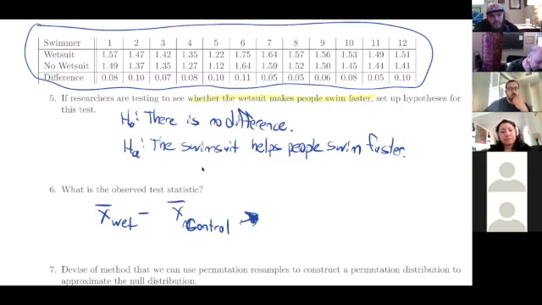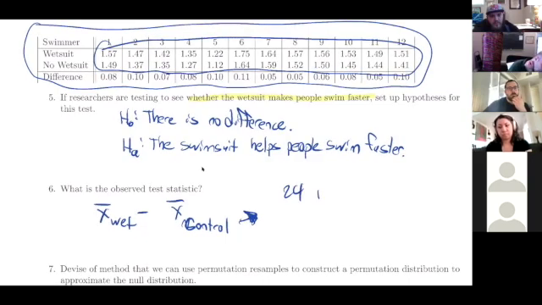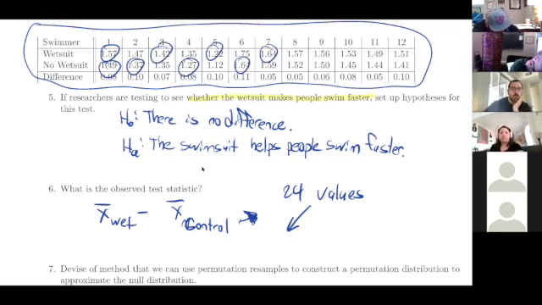For example, I wouldn't want to take all of these values, say we have 24 values, 12 of them in the wetsuit and 12 in the regular bathing suit, and just randomly pick some values to be my wetsuit group and put the other ones in the non-wetsuit group. We need to be a little bit more careful about how we split these up.